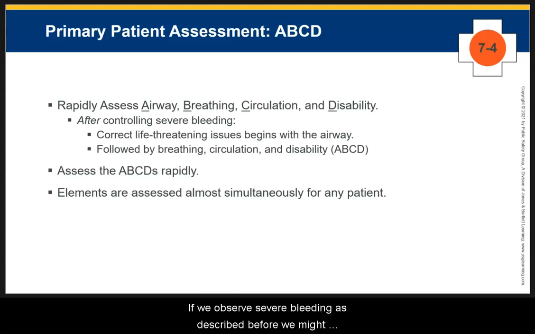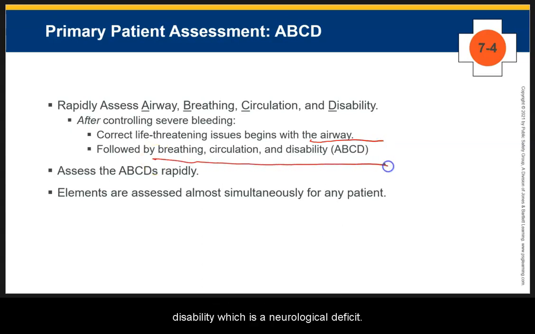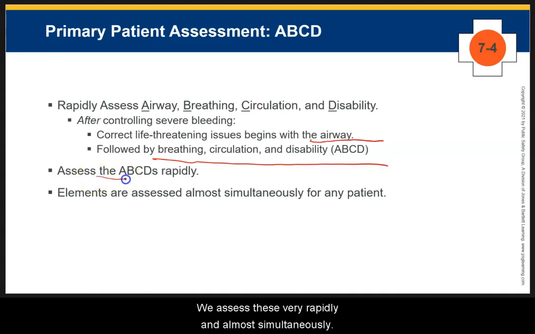So if we observe severe bleeding, as described before, we might use direct pressure, a pressure dressing, or a tourniquet to stop that life threat. But then we can move on to the other ideas in terms of if there's any life threat due to an airway obstruction, breathing, or disability, which is a neurological deficit. We assess these very rapidly and almost simultaneously.